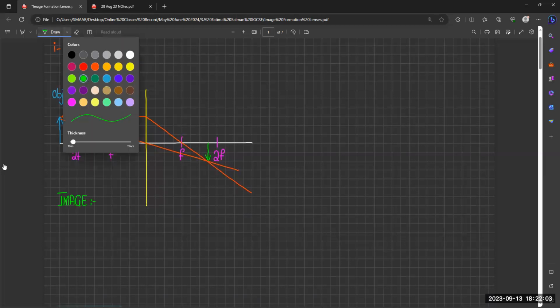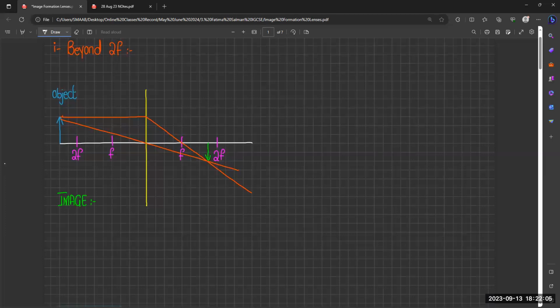So the first point that we observe from this picture or from this whole diagram, that your image is formed between F and 2F, right? So your image will form between F and 2F. And the second thing is you can see that your arrow is in inverted form. So your image will be inverted, right?